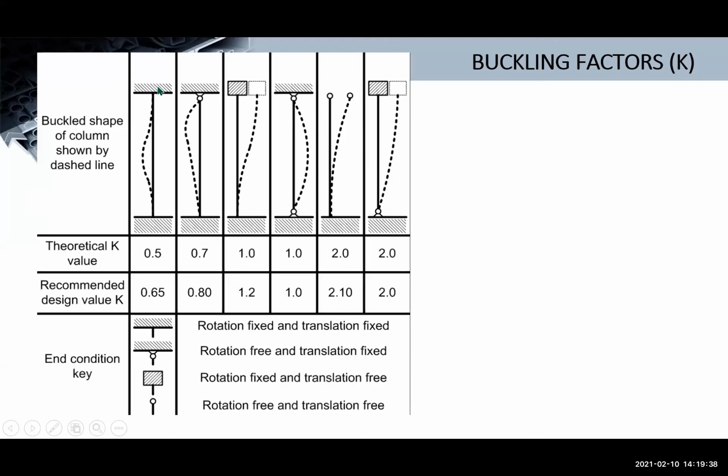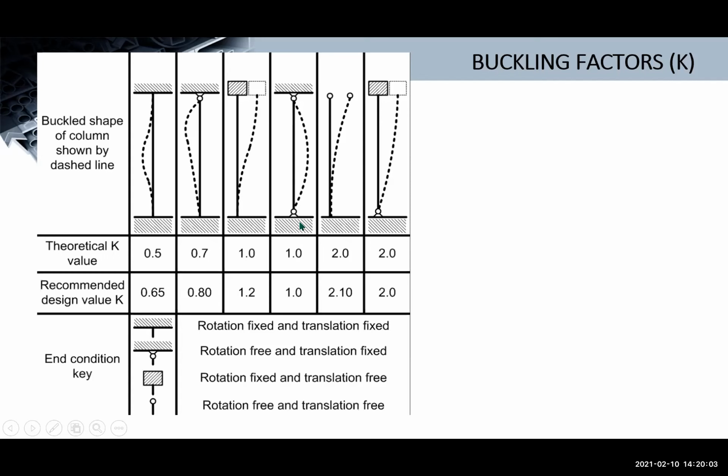Now, again, this is a fixed support. When fixed at both ends, the value of K is 0.5. When fixed and hinged, the value is 0.7. When rotation is fixed and translation is free, meaning it can move, the value is 1.